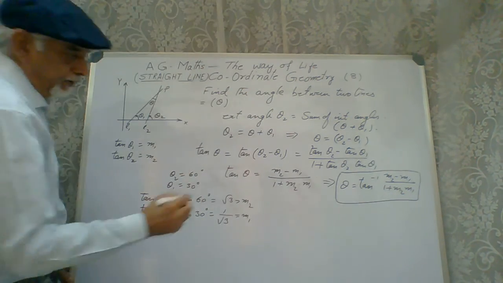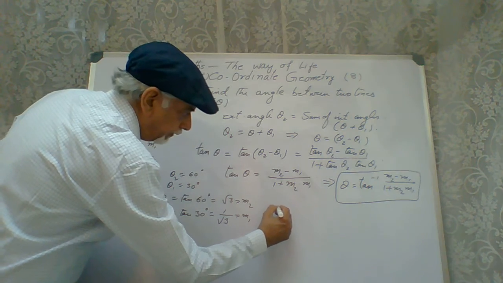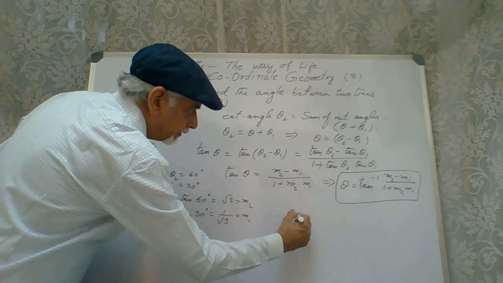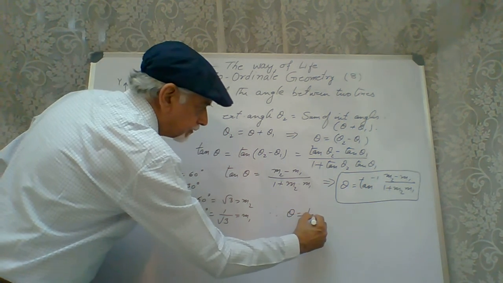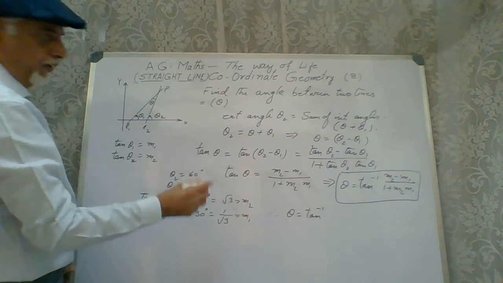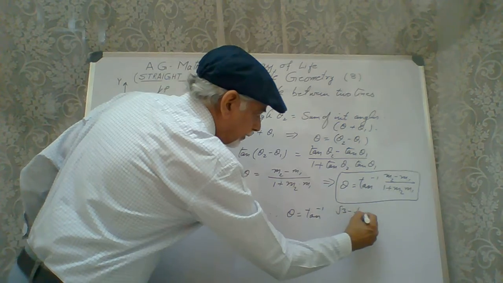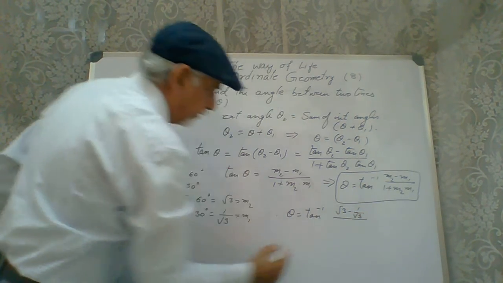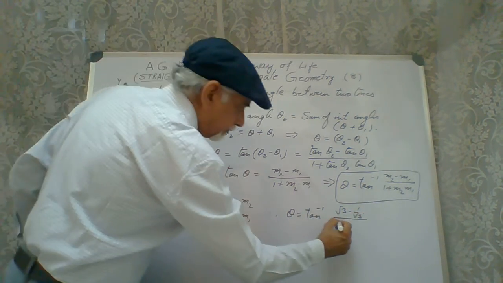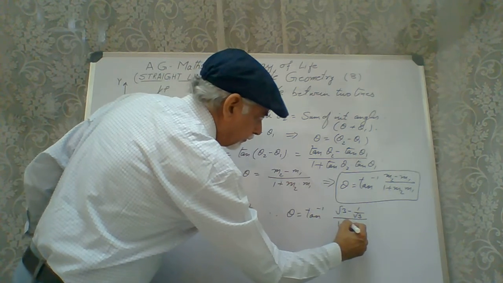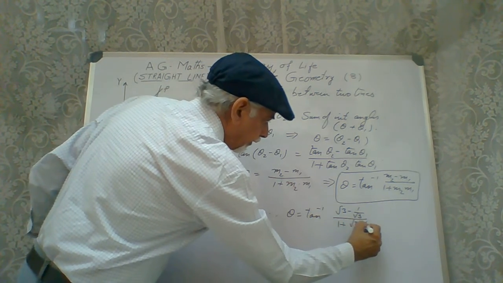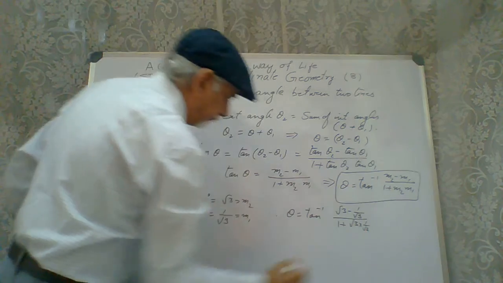If I put m1 and m2, then what we get is theta is equal to tan inverse of m2 minus m1, which is root 3 minus 1 by root 3, over 1 plus root 3 into 1 by root 3.